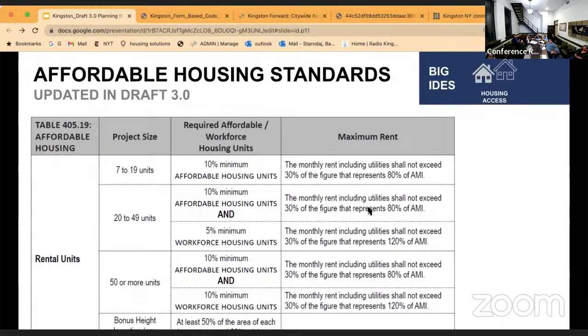Exactly. Now, what happens to the existing 5 to 6 units that have a housing requirement? If this code goes into place, do they no longer have that housing requirement? If they were approved under the current zoning code, then the requirements they're subject to don't change. They would stay the same.